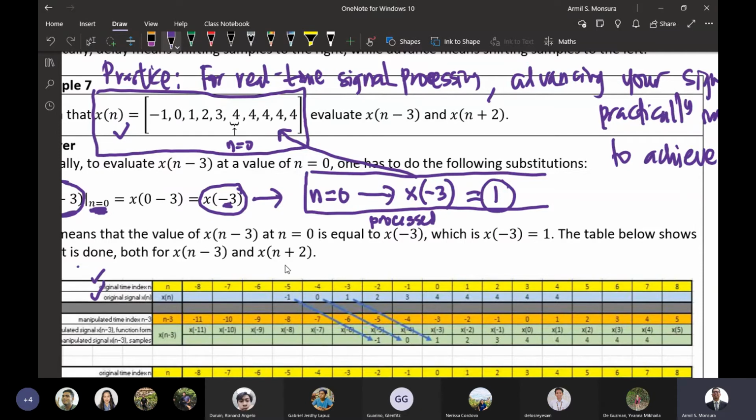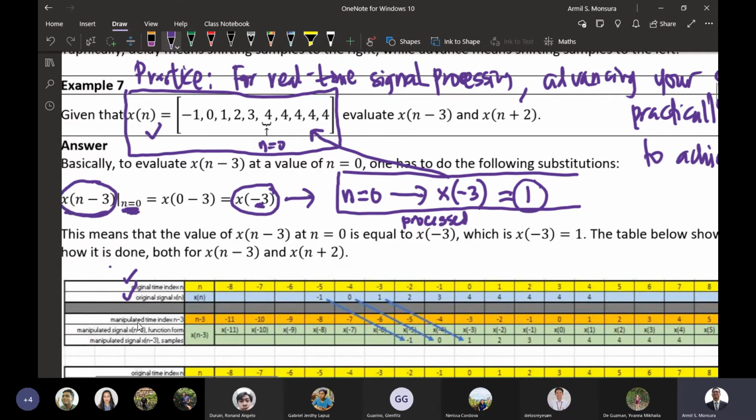Okay. Now, you actually have the option of listing yung manipulated time index niyo. You can generate a row of your manipulated time index. What is manipulated time index? Yung manipulated time index niyo ito yung n-3 dito.